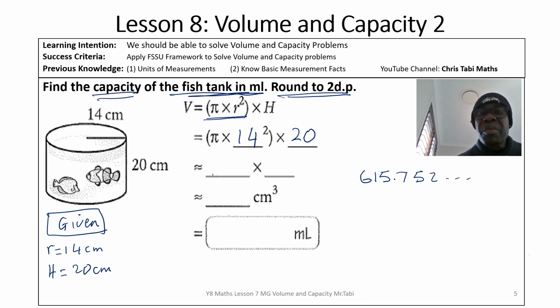Now, because we're going to do 2 decimal places, it's really not useful to round here before I multiply by the 20. So I'll skip this step and multiply that answer by 20.